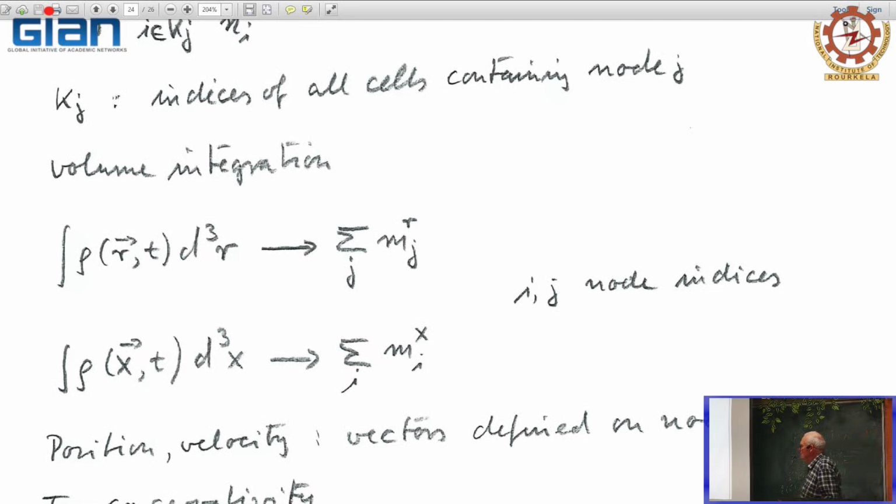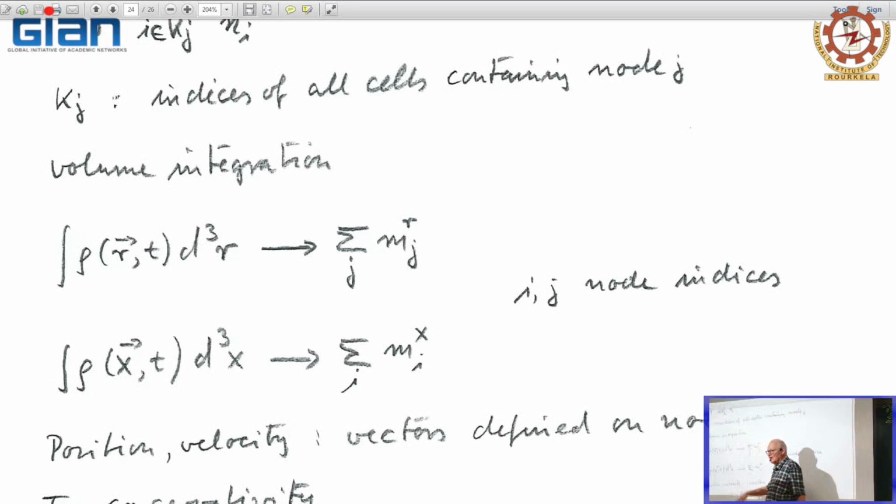Now integration with respect to density, the volume times the density, is simply summing up all the masses which you consider in your configuration. So the integral over dr will be denoted by m_j, r, and the integral over dx will be denoted by m_i, x.